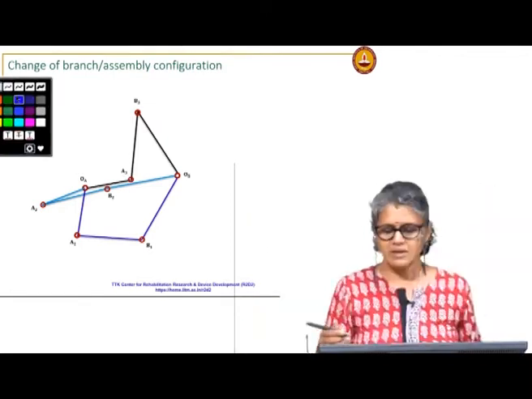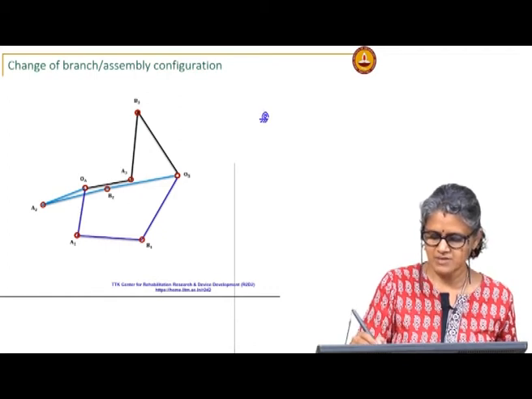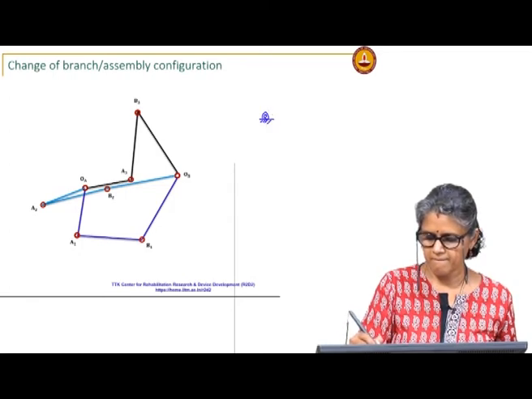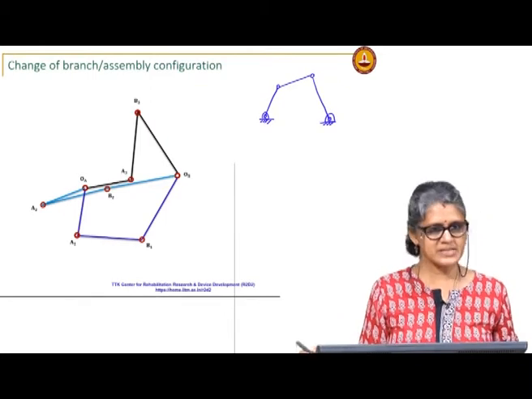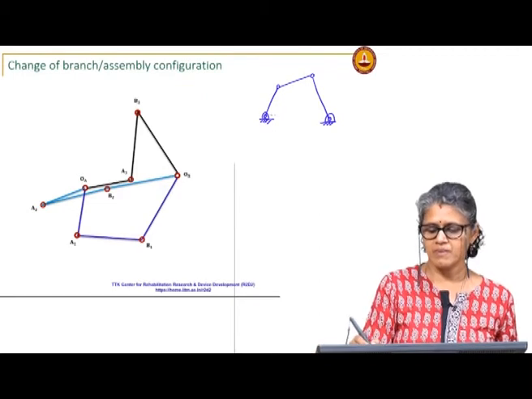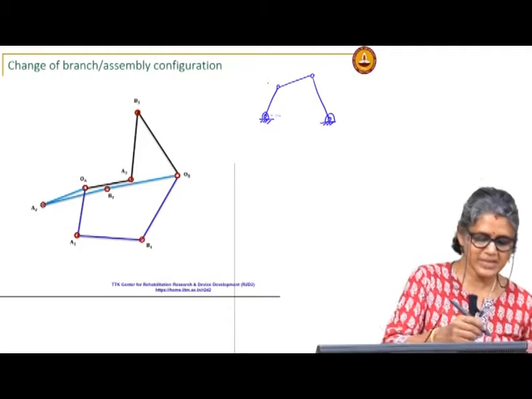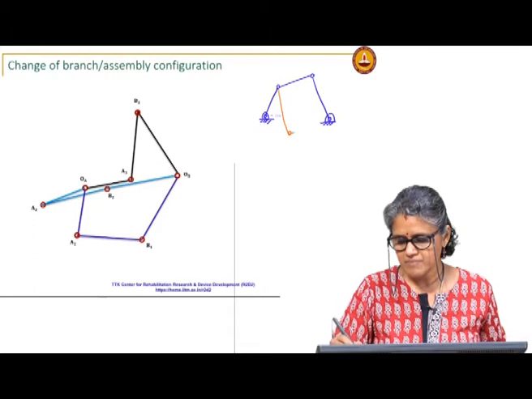A 4 bar can be assembled in 2 configurations, right. If you have 4 links, for the same input angle, I can assemble it like that, or I can assemble it like this.